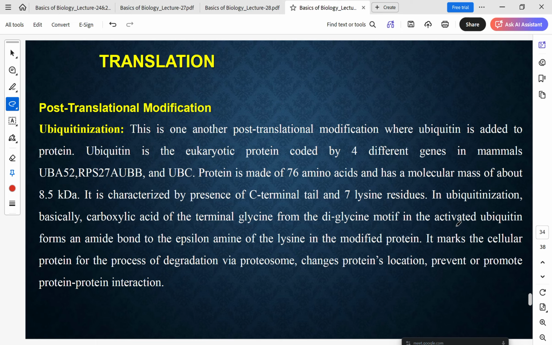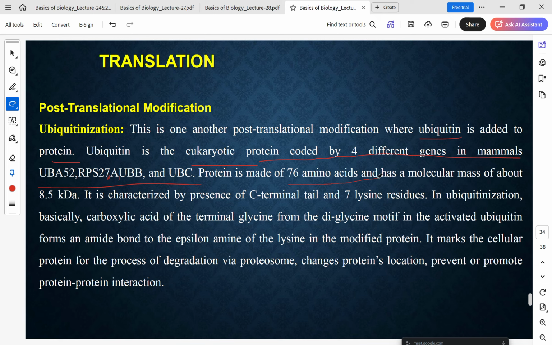Ubiquitination is another post-translational modification in which a ubiquitin molecule is added to the protein. Ubiquitin is a eukaryotic protein coded by 4 different genes in mammals. These are UBA52, RPS27A, UBB, and UBC.